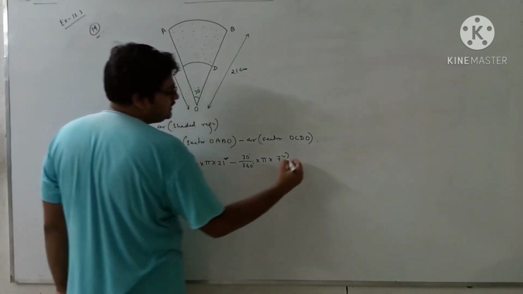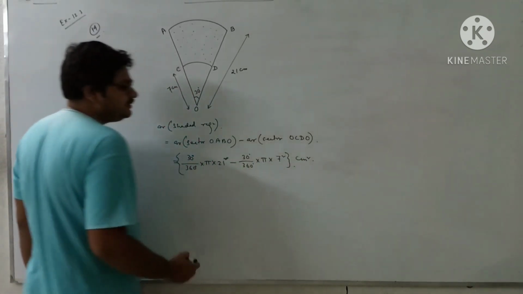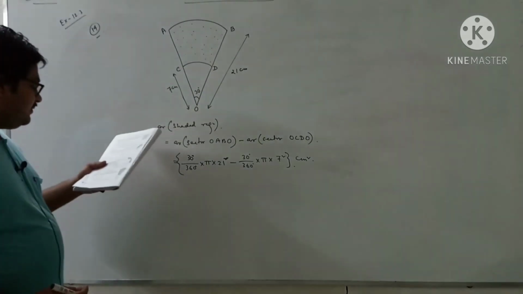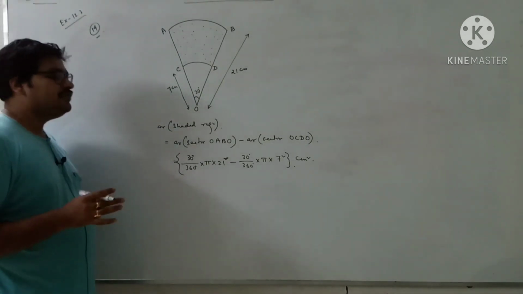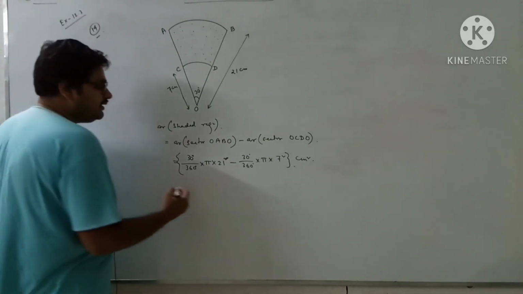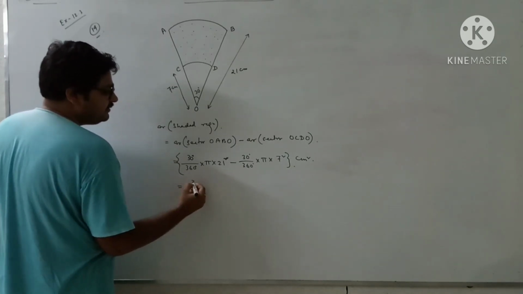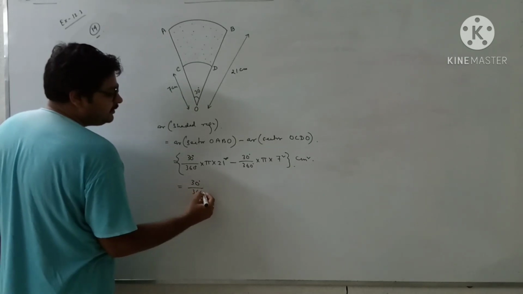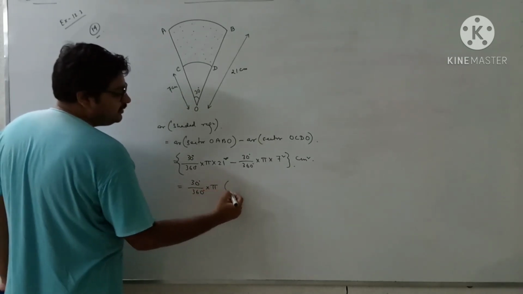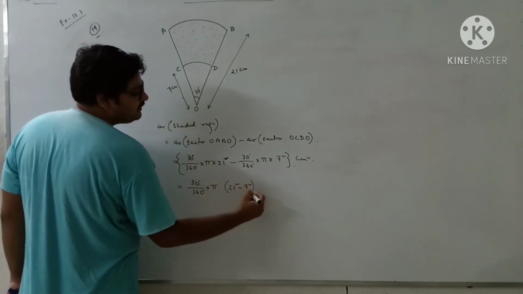So this much centimeter square. No approximate value of pi is given, so you have to put pi equal to 22 by 7. 30 degree by 360 degree we can take as common, pi also we can take as common. So it will be 21 square minus 7 square.